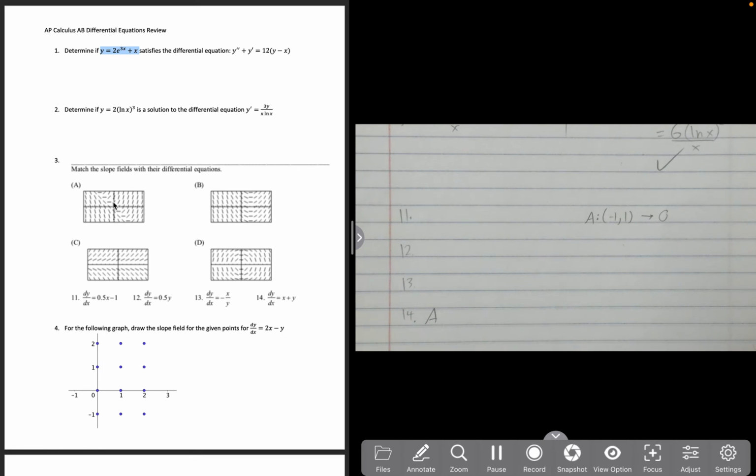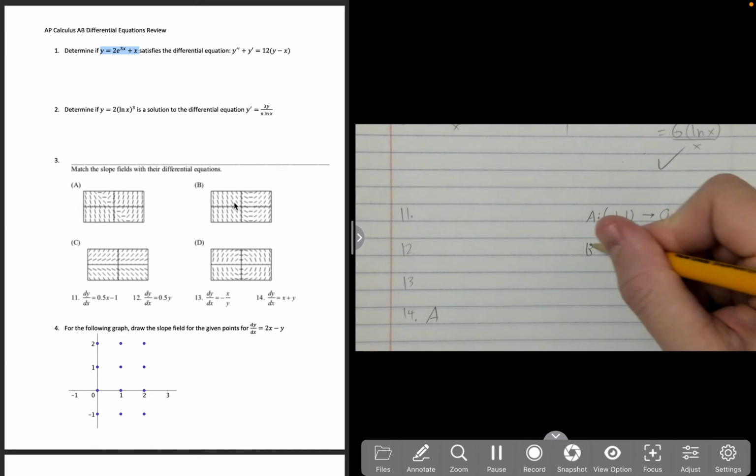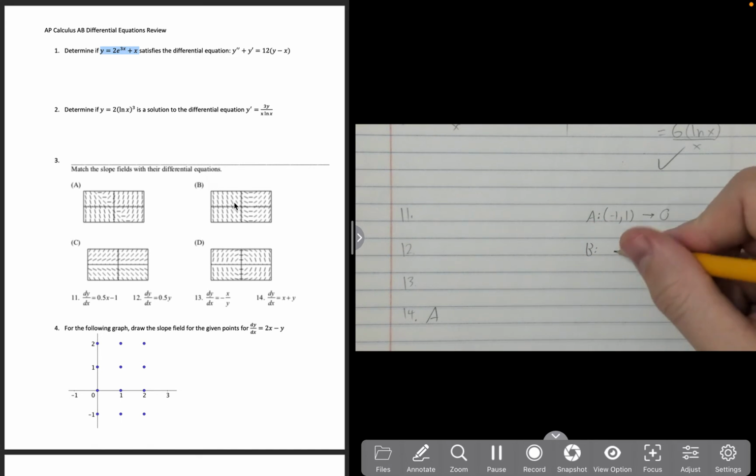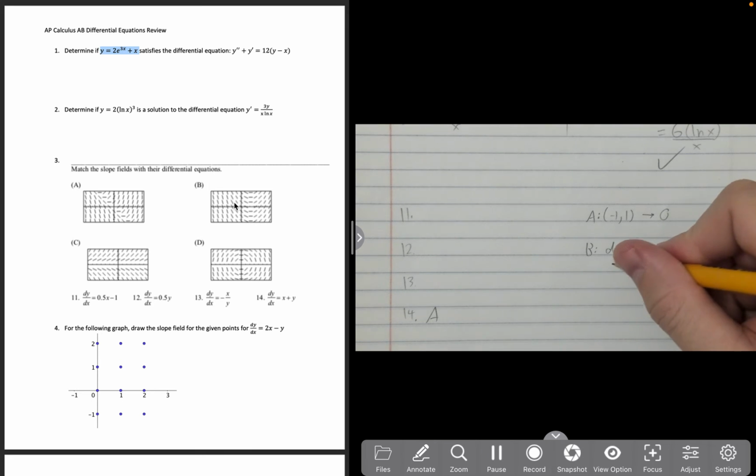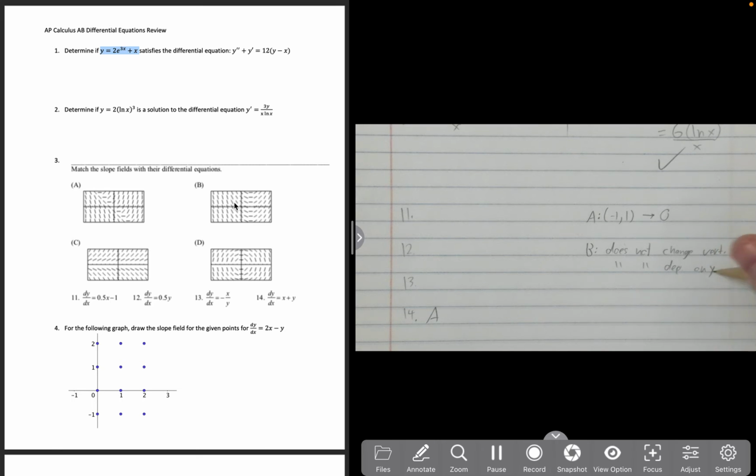So the idea there is you can just pick any point and find an easy recognizable slope like 0 or maybe a -1 or a +1 and simply test that point out. Another strategy, just to talk more, is let's look at B. B does not change vertically, aka B does not depend on y.